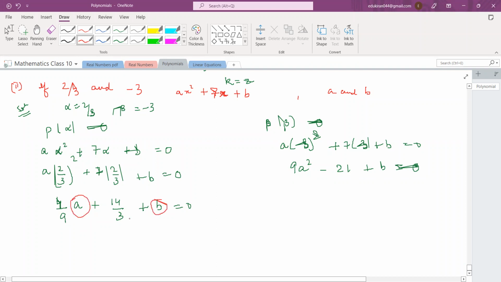So you cannot solve it, right? Yes, ma'am, there are two unknowns. Similarly in this equation, this is not a square, this is a. Again you have a here and b here. You will not be able to solve it individually. This is actually a linear equation in two variables. So after doing chapter number 3, you will be able to obtain the value of a and b.